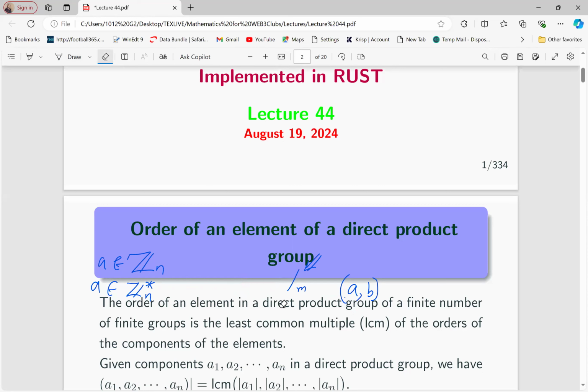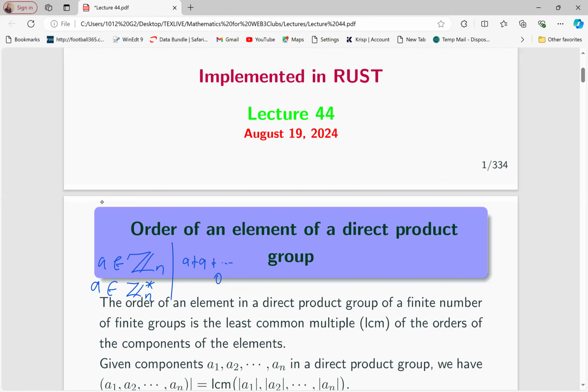It's just the same concept as the one we looked at last week, of the order of elements in single groups like the ones we have here. For an additive group, the order of A is the number of times you would add A to get the identity 0.